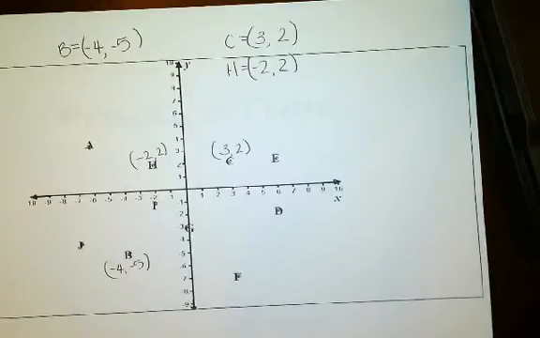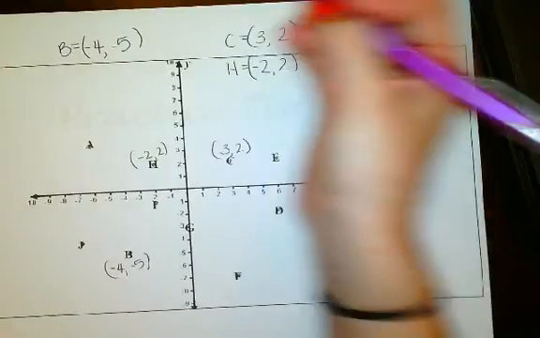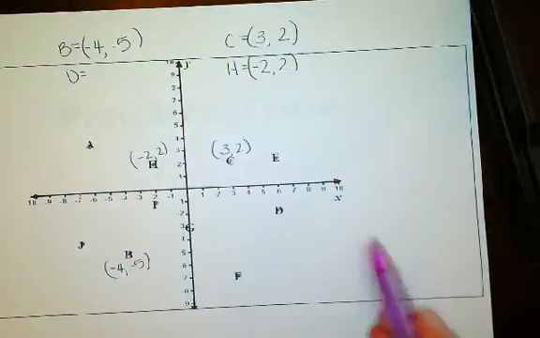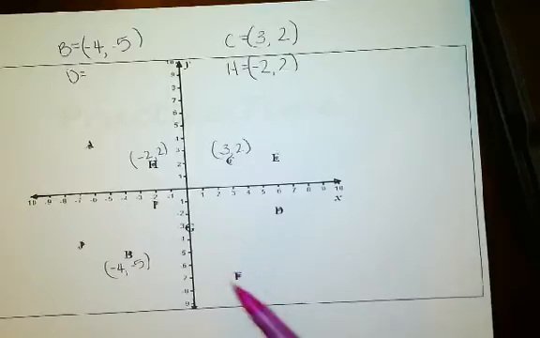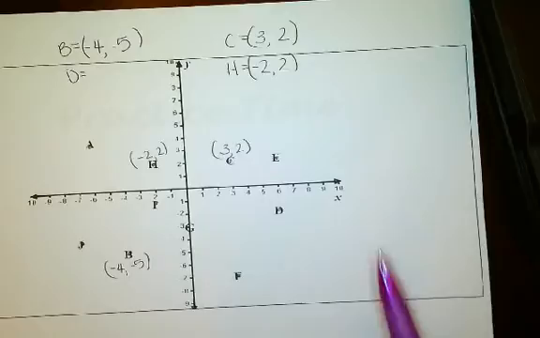Let's do another one. You're going to work with your elbow partner again, so I'm going to give you another 10 seconds. You're going to discuss where point D is at. This time we're dealing with point D, and point D is going to be in quadrant 4. Alright, that was about 10 seconds.